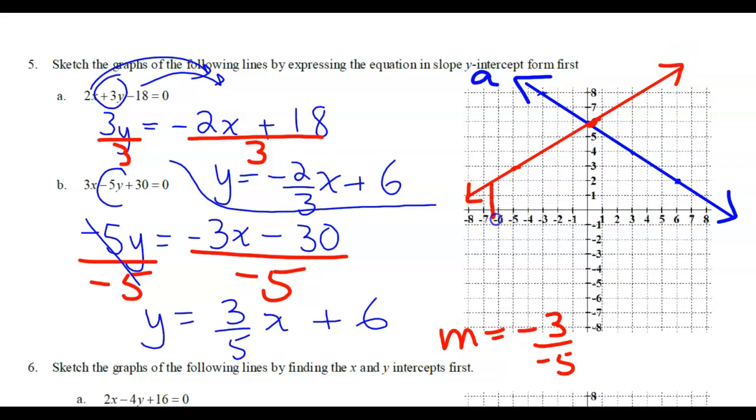Okay, and that's B. So that's using slope-intercept form. So that's where we're going to stop for today. We'll do the last question with the next part tomorrow.